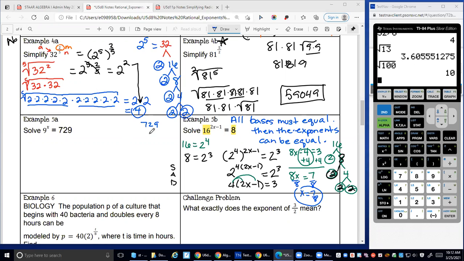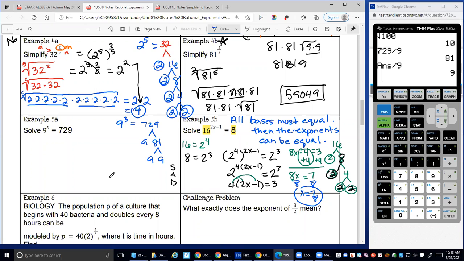Let's go ahead and take a look at this. If we took it and broke it down by 9, right? The reason I did that is because this is already a 9, so that would be a little less work. So 729 divided by 9 is 81. And then if I divide that by 9, I get 9 again. So 9 times 9 times 9 is this, right? Would you agree that this would be 9 to the power of 3?